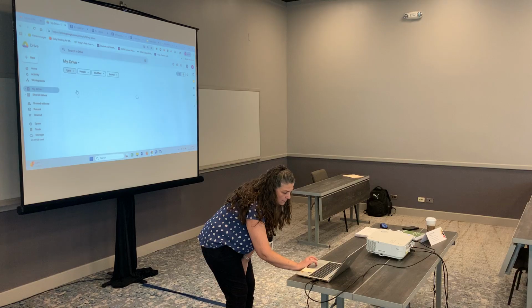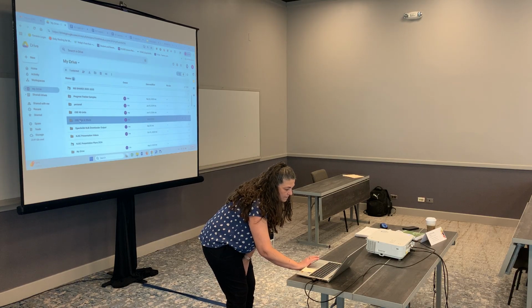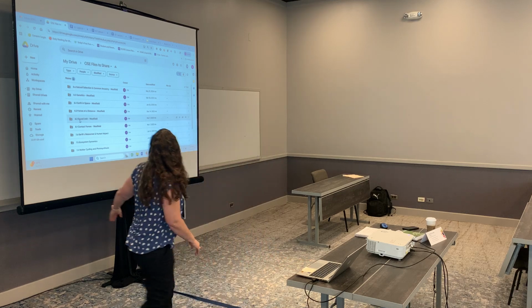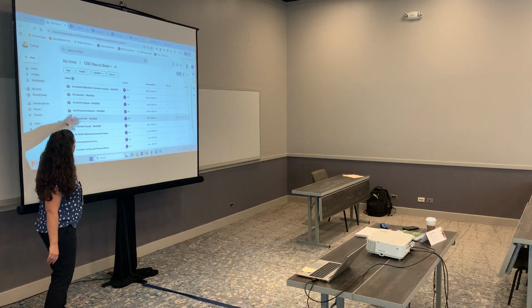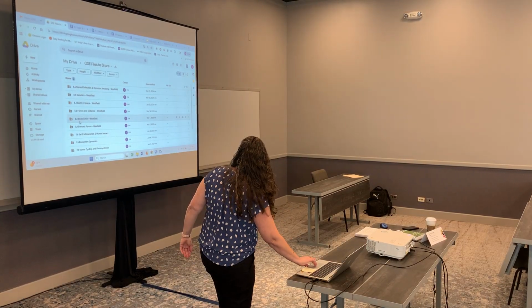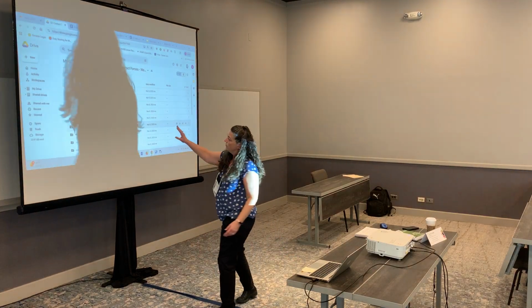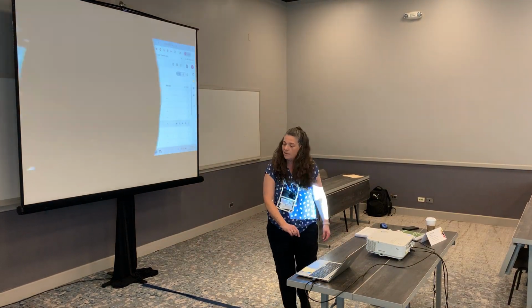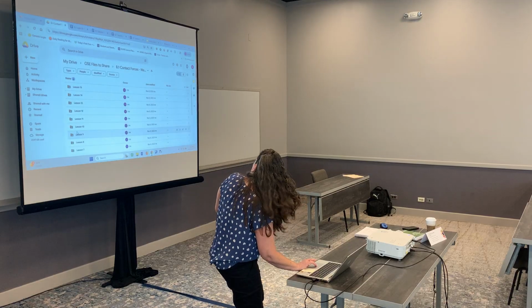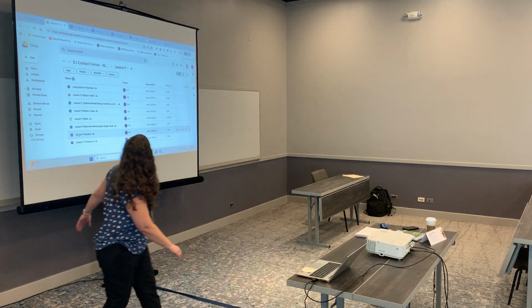In that folder, I have a folder for each of the 8th grade units. And in those folders with the 8th grade units, I have folders for each lesson. I keep walking in front of it, that's terrible. And in the folders for each lesson, I have all the things that I use.